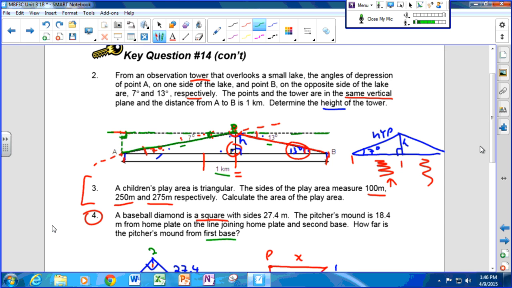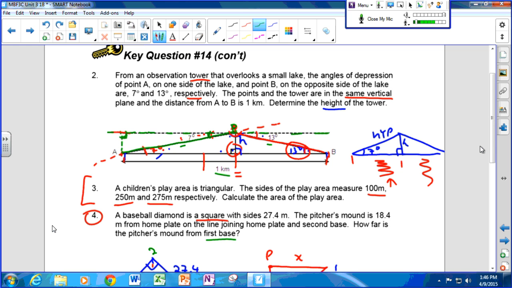Now, how they would get that, I'm not really sure, but that's the scenario. Now, nothing in there tells you that the observation tower is halfway between A and B. Okay, nothing tells you that.